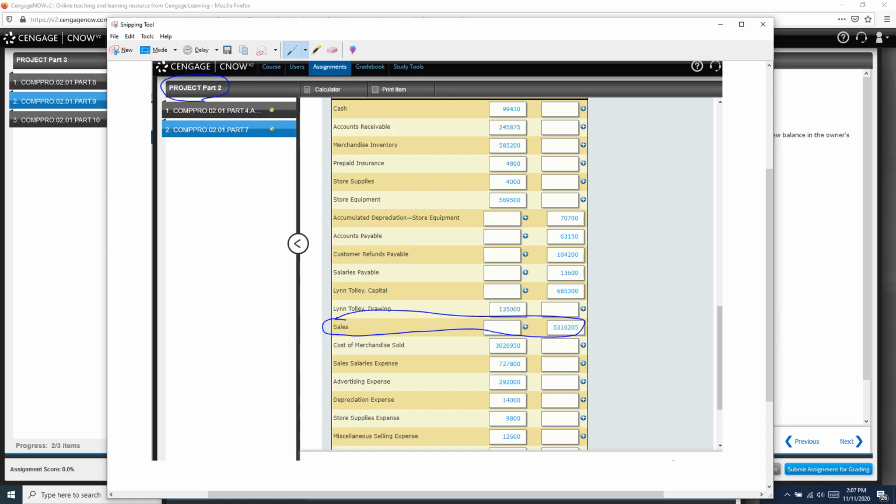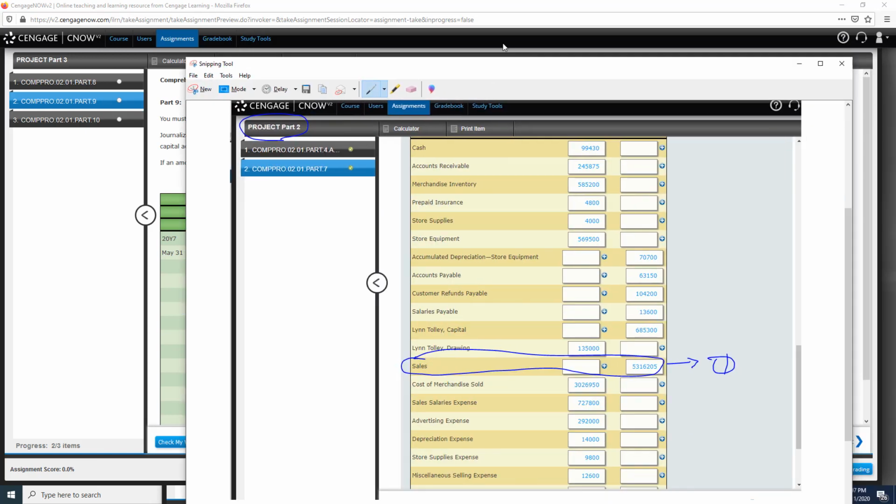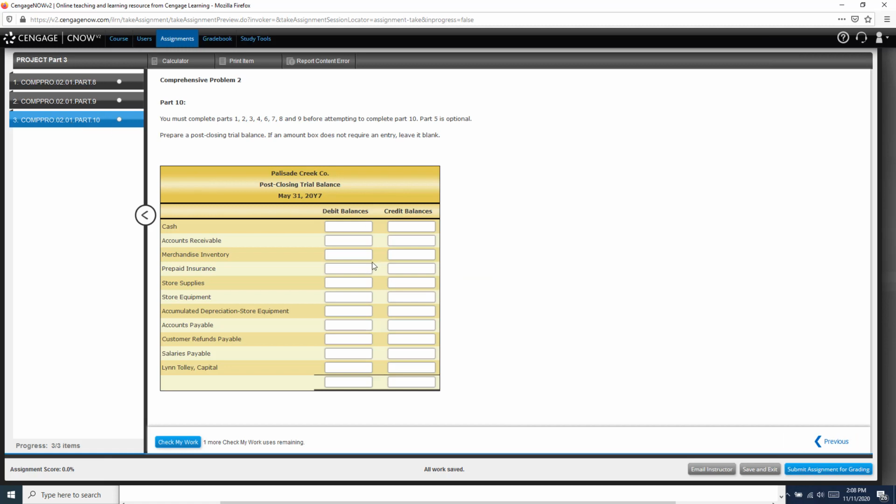It's now 0, right? Because here is a credit balance. But when you close it, you debit it, so it's going to be 0, right? And the new trial balance, called the post-closing trial balance, will have this sales account that will be 0. But since it's 0, you may not need it. Well, actually, you don't need it if it's 0. It's blank. So when you go here and you see sales, it's not available for you because it's 0.